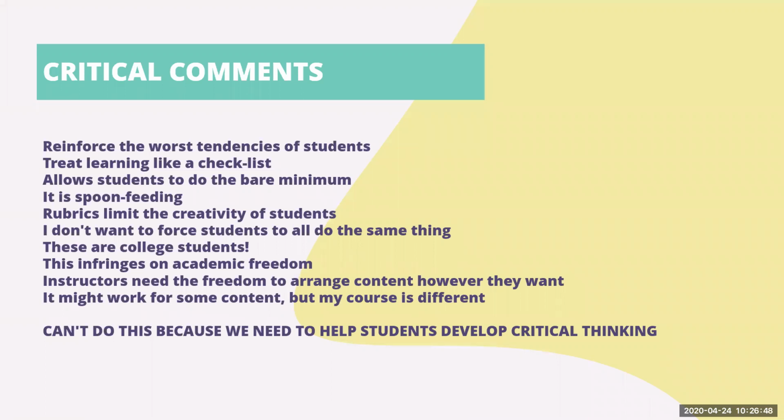The academic freedom, sure. So we predicted from our experience what you guys would say, because that is what people say. I think the big one that we get is that we can't do this because we need to help students develop critical thinking. As someone said, there's no instructions in the real world. We have to develop critical thinkers. So appreciate that good interaction.